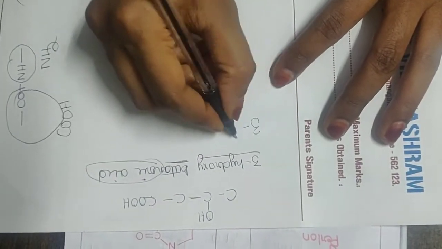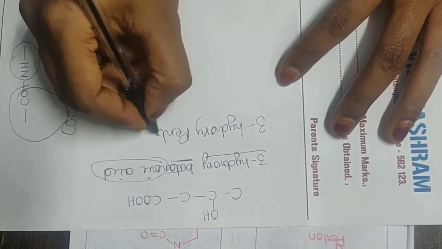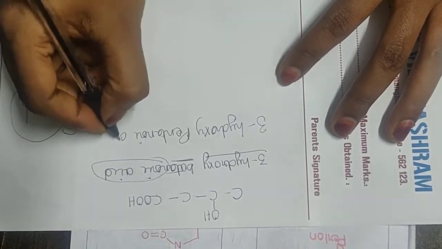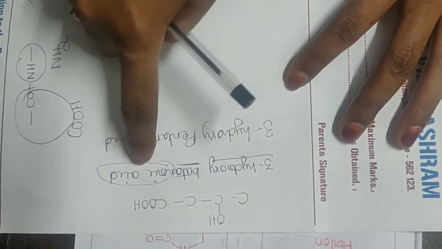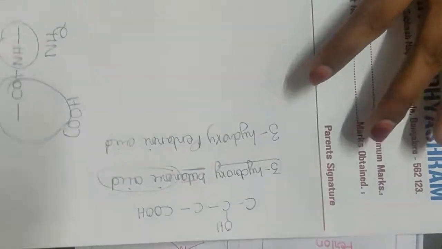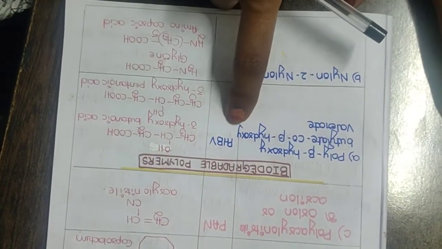Then the rest you can satisfy with valence. The other monomer here is 3-hydroxy pentanoic acid. The slight difference is 1 carbon. Here we have butanoic acid, here we have pentanoic acid.